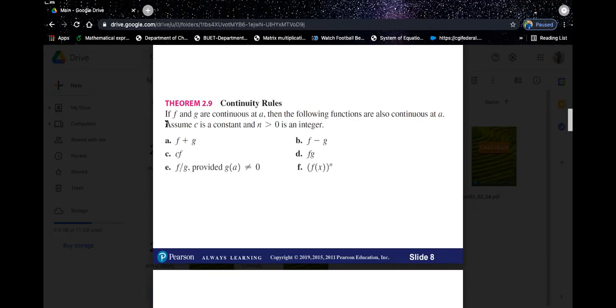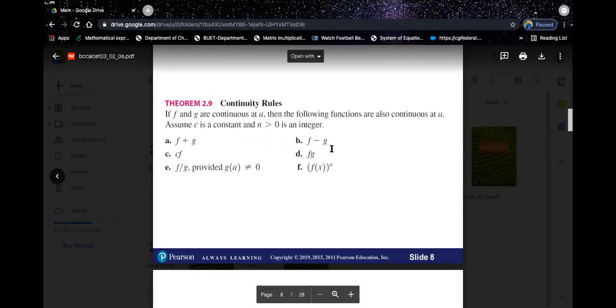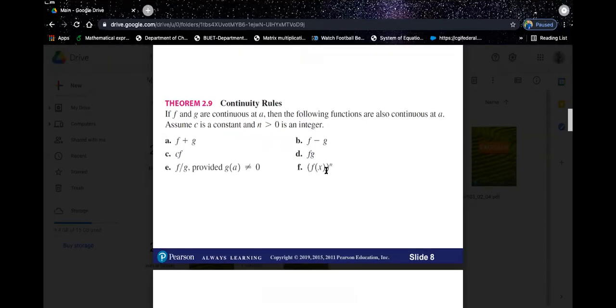If you have a function continuous at a, and you multiply it by anything constant, let's say by 10, it will still be continuous at that point. The c signifies any constant. If you multiply any continuous function by a constant, it will still be continuous at that point. And same goes for the power as well.